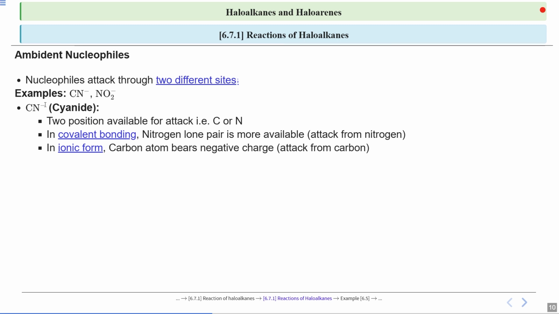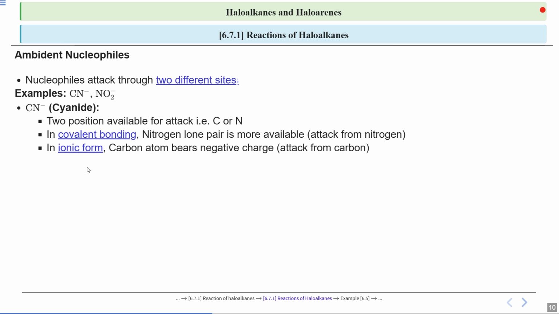Okay, so if you see the cyanide ion, it can exist in two structural forms. First of all is C negative triple bond nitrogen, and you can also say C double bond N negative or C positive double bond N negative, right? So through carbon, when the linkage is forming, they will form alkyl cyanide, and when the linkage is forming through nitrogen with the carbon of the alkyl group, then they are going to form isocyanides.